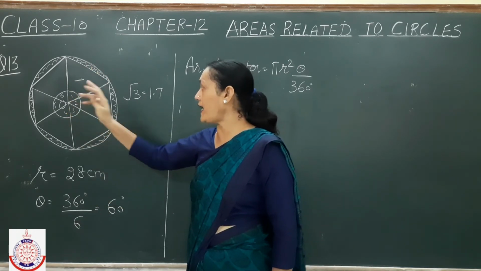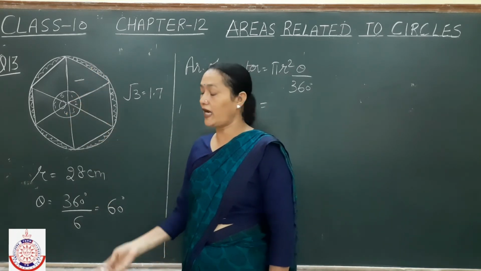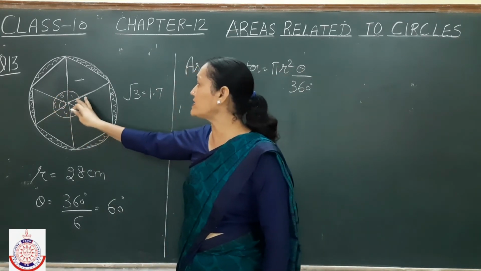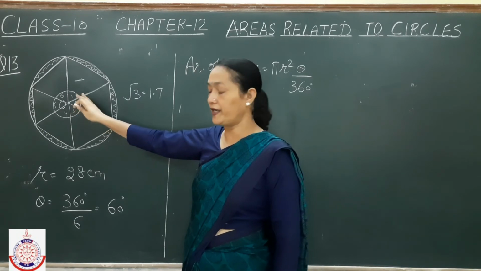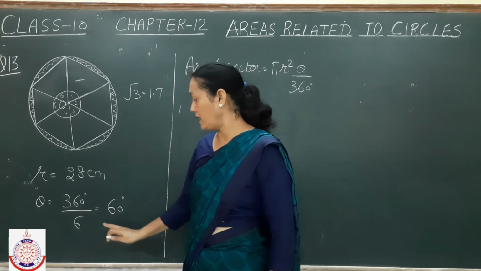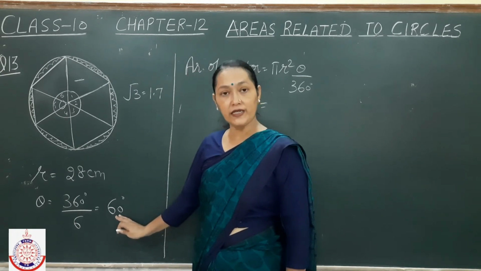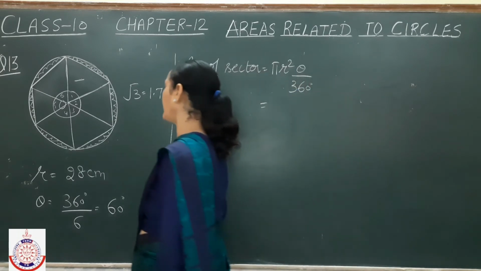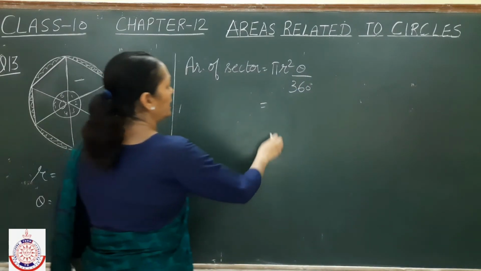First of all, what is the angle made in each sector? As I've done in question number 9, there this complete angle was divided into 10 parts. Here, this complete angle is divided into 6 parts. So each angle will be 60 degrees. For calculating area of sector, I've written the formula pi r square theta upon 360.